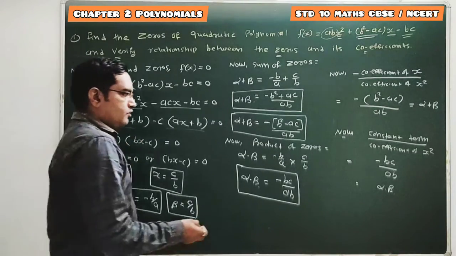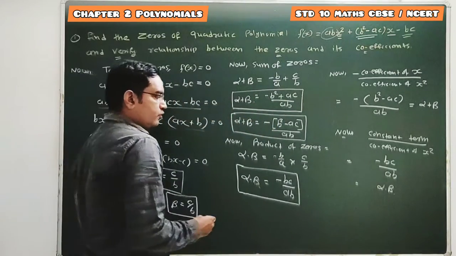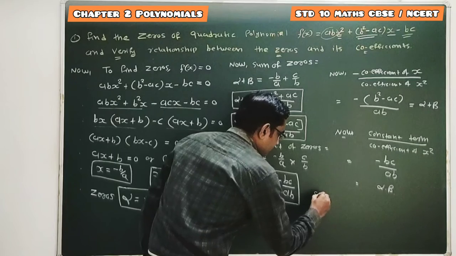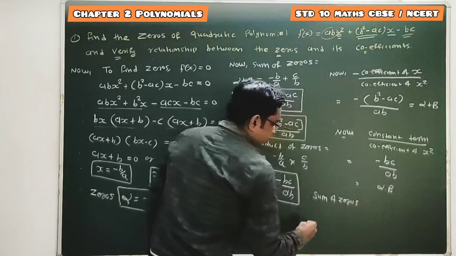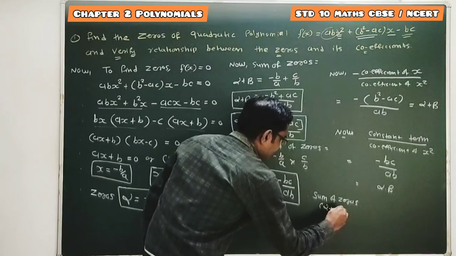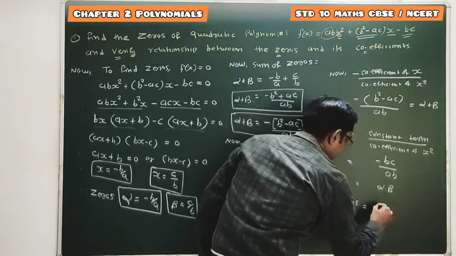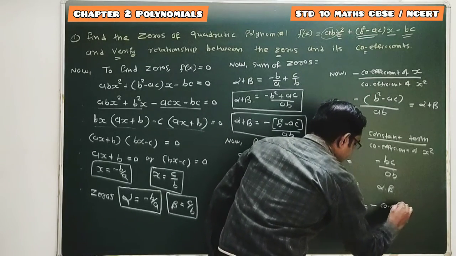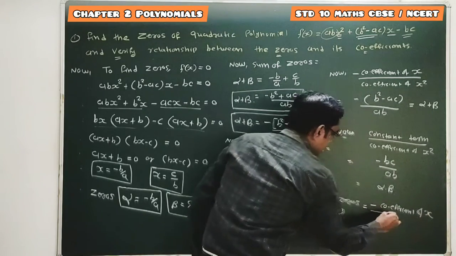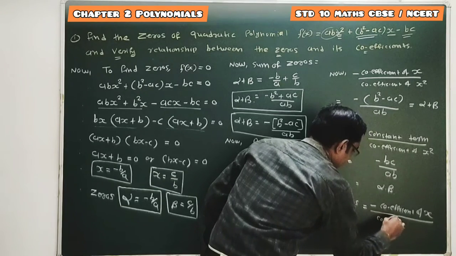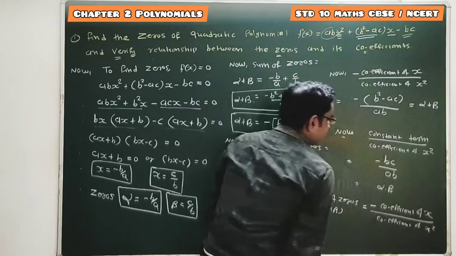Done. So in short, to verify the relationship between zeros and coefficients, what do we have to prove? We have to prove the sum of zeros, which is alpha plus beta, is equal to minus of the coefficient of x upon the coefficient of x square.